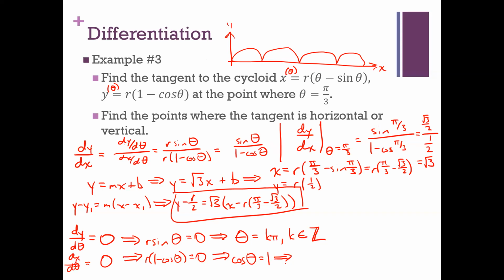Not all multiples of pi; it would be multiples of 2 pi. So we have a little bit of a problem, right? Let's say at like 6 pi, we're going to have both a vertical tangent and a horizontal tangent. I don't think that can make sense.